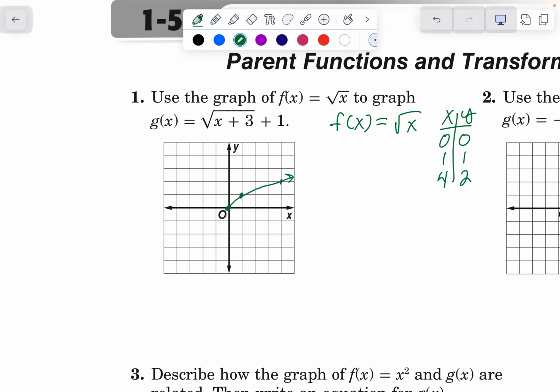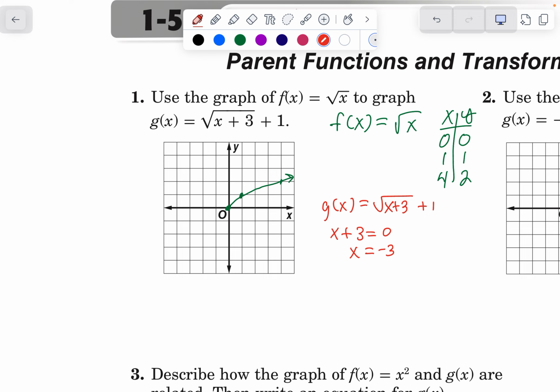Okay, now let's talk about g of x. If you look at the square root part, it has a +3. Okay, so for a square root, you really set that equal to 0. Where will it start, where will that thing be 0? Because the square root of 0 is 0, and that's its starting place. And that would be at -3.